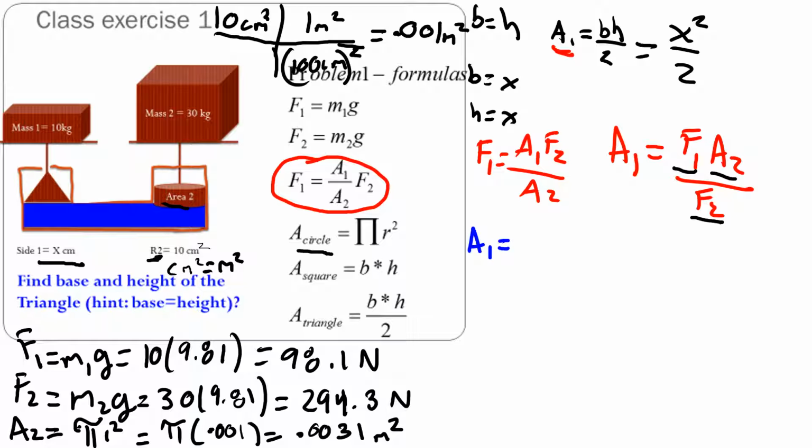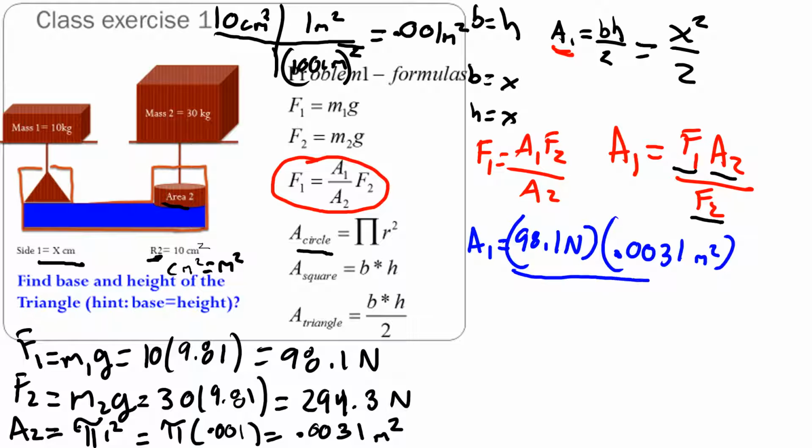Okay, so we have that A1 is equal to first one, which is 98.1 newtons, times A2, which is the same as 0.0031 meters squared, all divided by F2, which is 294.3 newtons.